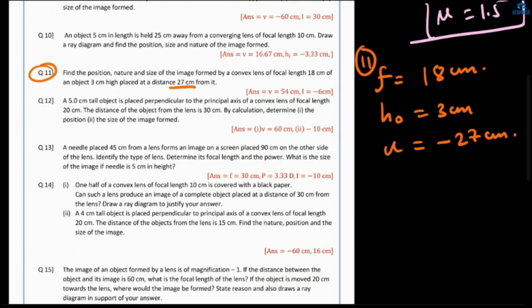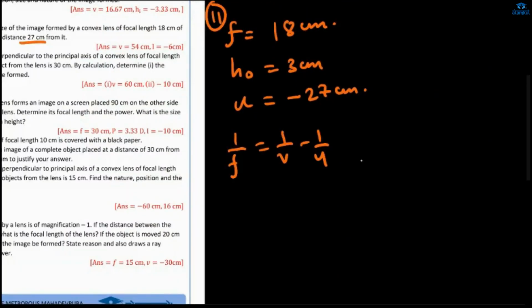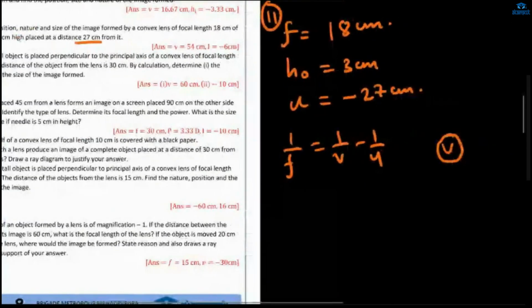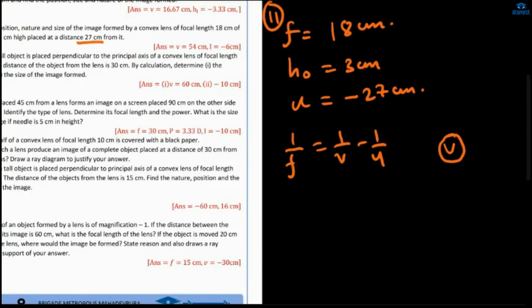Okay. So we can find this: 1 by f is equal to 1 by v minus 1 by u. We can find position first using this formula. After finding v, what do we have to do? You yourself do these questions. After finding v, we have to use the formula for magnification. We have hi upon ho is equal to v upon u.